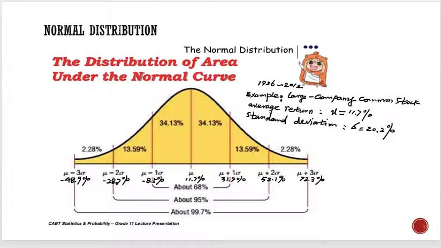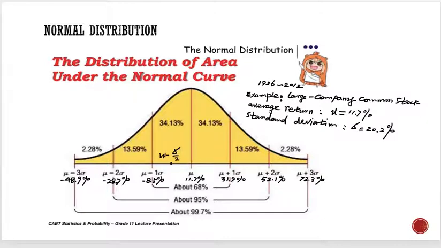But we are more interested in this point. Which point? This one. This point is mu minus standard deviation over 2.